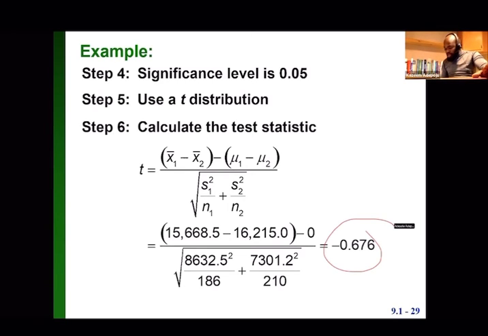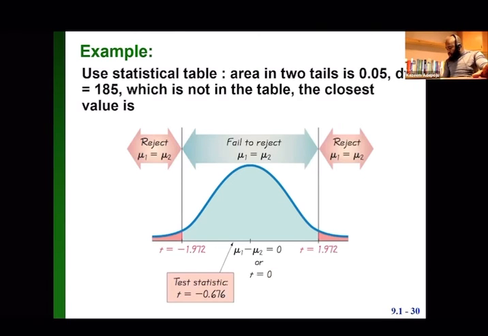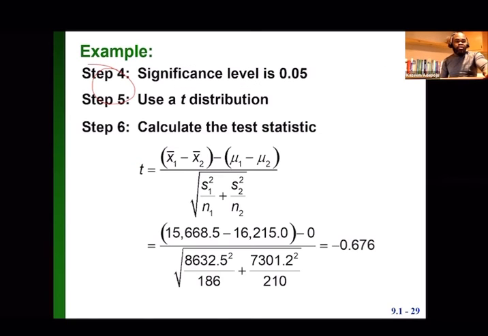0.676. When you get minus 0.676, somebody asked, what is our degree of freedom in this test? That's a very good question. The degree of freedom is 185. How do I get 185?